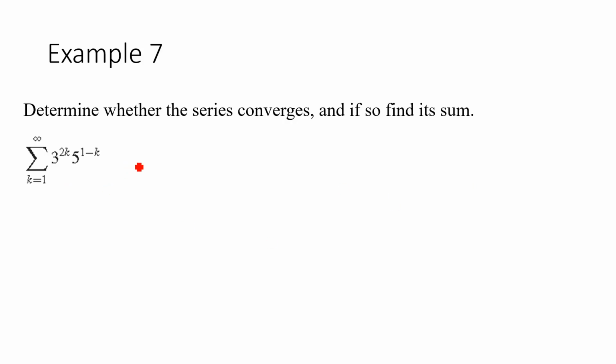Okay, we can rewrite this one as the summation. Take note, 3 raised to 2k can be written as 3 squared raised to k, so 3 squared is 9 raised to k.